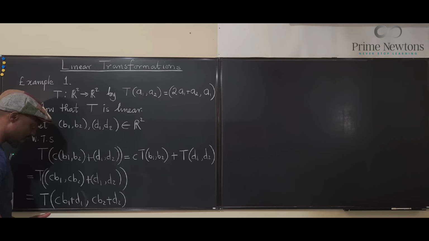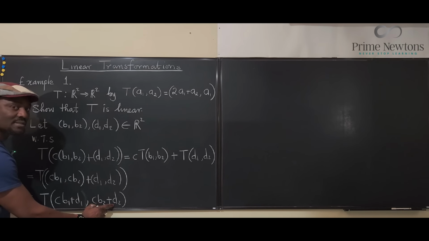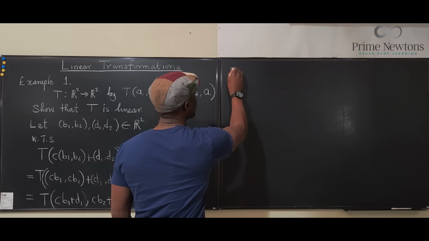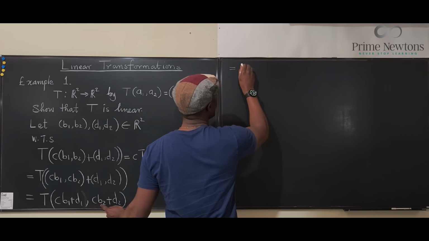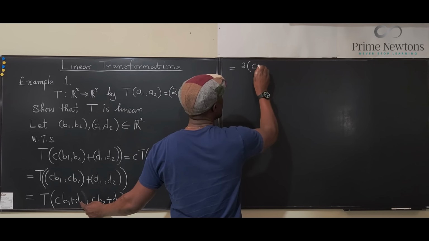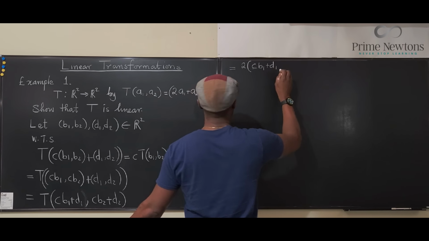So we can go on and say, what is the rule? The rule is to double this and add this. So this is equal to, we're going to double this and add this. It's going to be 2 times CB1 plus D1.